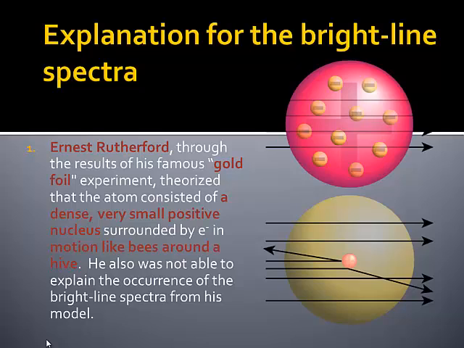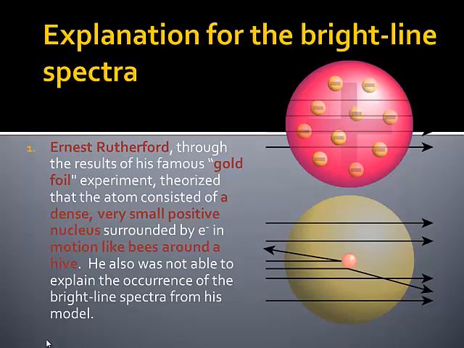And what he observed was that every once in a while, although most of the time the alpha particles went straight through and hit this detector screen as one would expect on the other side, every once in a while there were large deflections that he theorized were because at the center of the atom there would be some dense, very small positive nucleus, and the remainder of the atom was actually largely made of empty space with electrons which would swarm around the nucleus, kind of akin to the motion of bees around a hive.